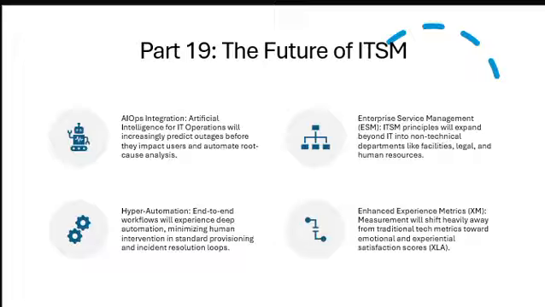ITSM is expanding into enterprise service management, ESM, where ITSM principles are adopted by non-technical departments like HR, facilities, and legal. We are moving towards hyper-automation, end-to-end workflow executed with zero human intervention.